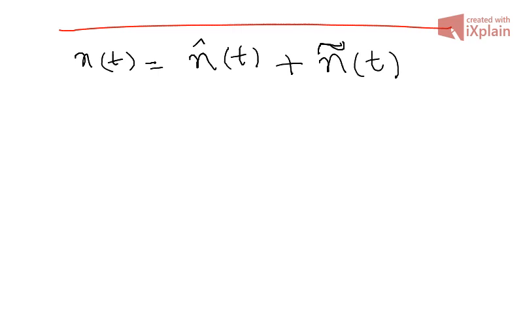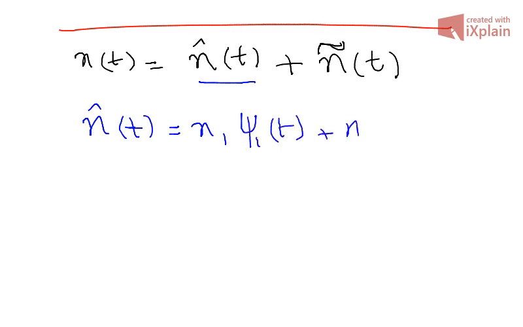The noise of interest is n hat of t equals n1 psi 1 of t plus n2 psi 2 of t, because my signal is just two-dimensional.